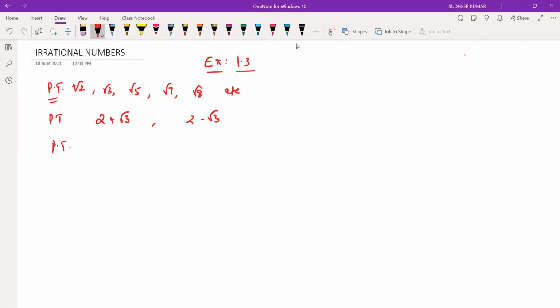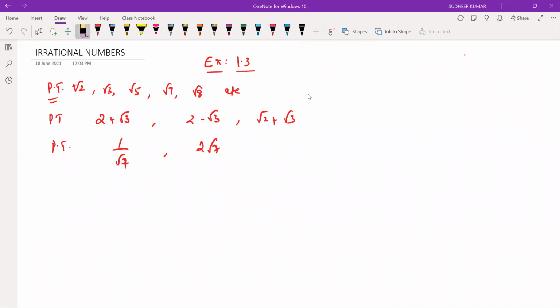And the next case is prove that 1 by root 7 or 2 root 7, a product of these numbers. And the next one is prove that mainly 3 here only, or root 2 minus or plus root 3 is an irrational number. These are the different types we have in 10th standard level.